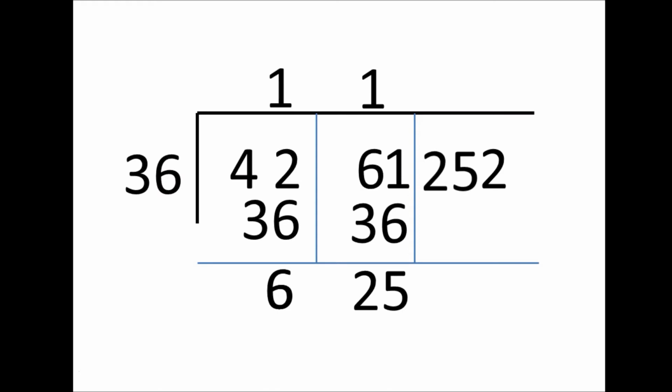Still, we can get probably bigger. 36 times 4 is 144. 36 times 5 is 180. 36 times 6 is 216. It's getting close. 36 times 7 is 252. So it goes in evenly at 7, and it gives us 252. If we subtract those two numbers, we get a 0.